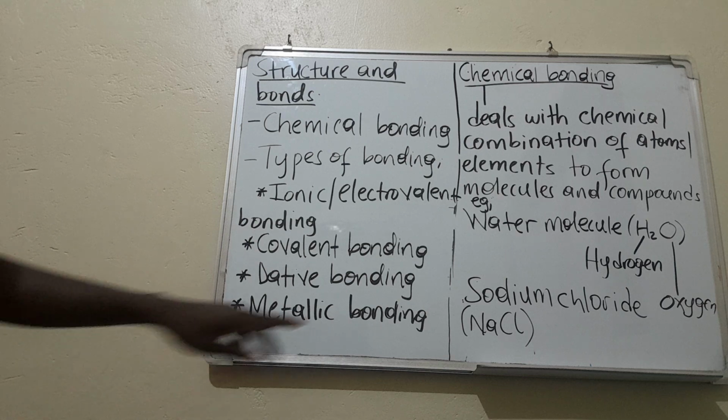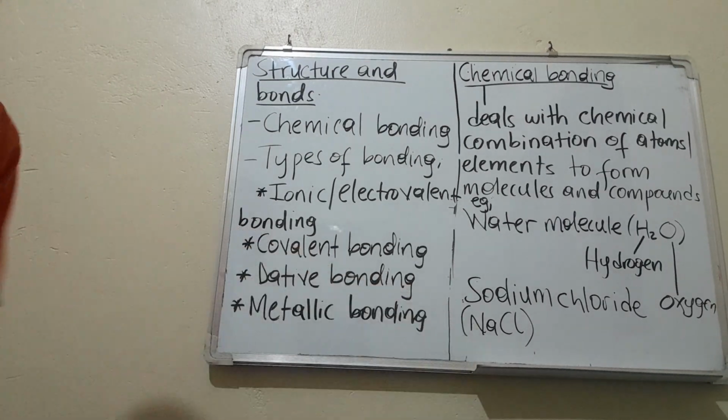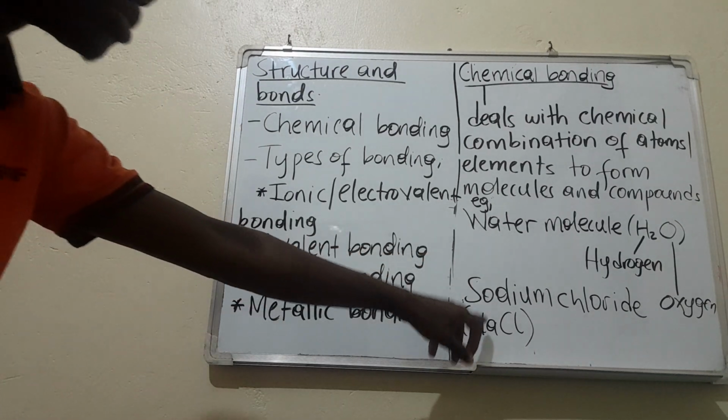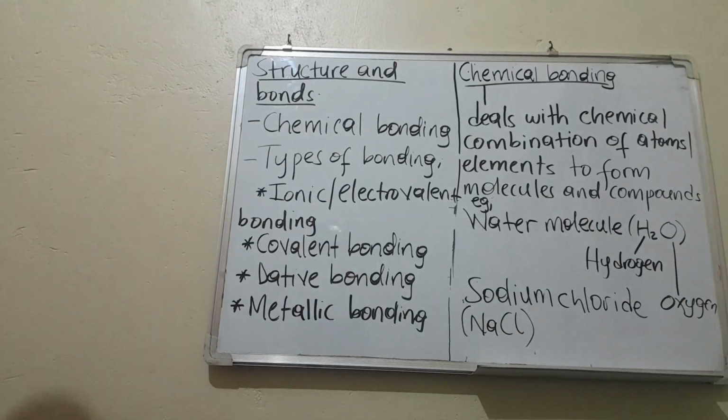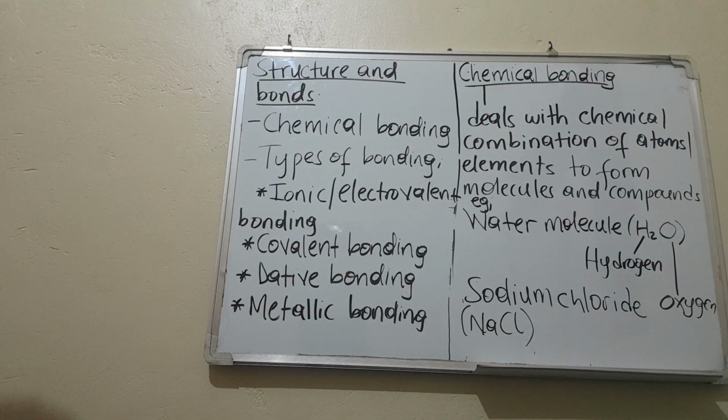So to come up with this compound of sodium chloride, we bond sodium with chlorine. Then we come up with a compound, sodium chloride. So in simple terms, that is chemical bonding.